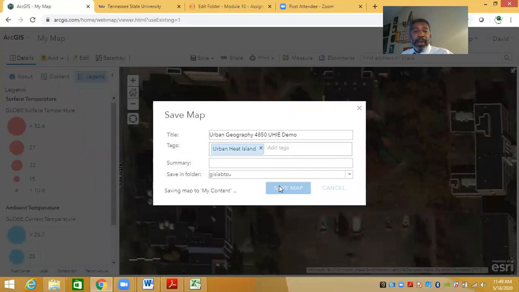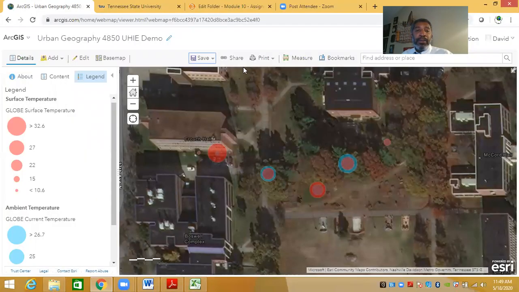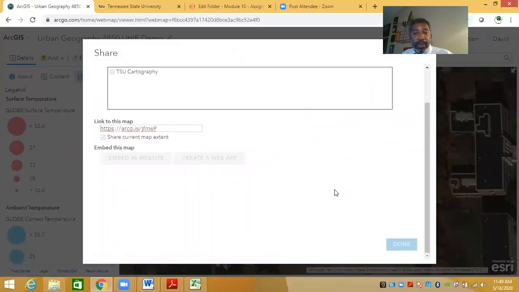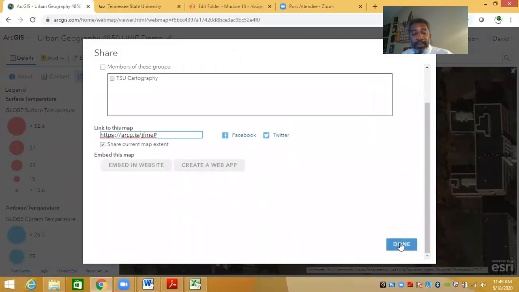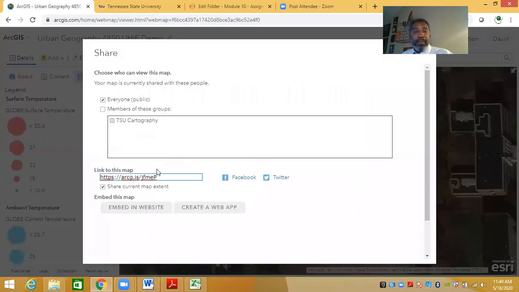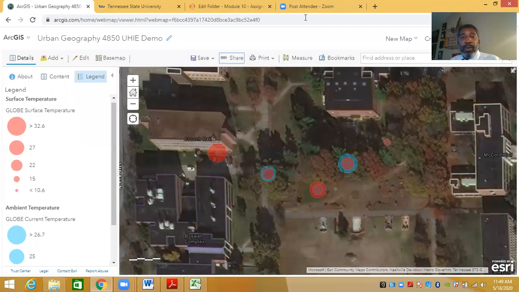I'm going to save the map, and then I'm going to go to the map, share, public, scroll down, hit this done button, and then we would have just taken this link to the map and shared it to whomever we would like to see our work. So that essentially is just a demonstration of the GIS portion of this assignment.